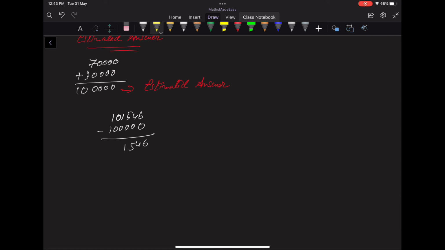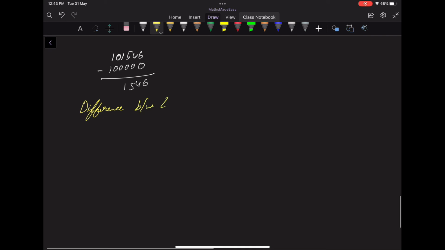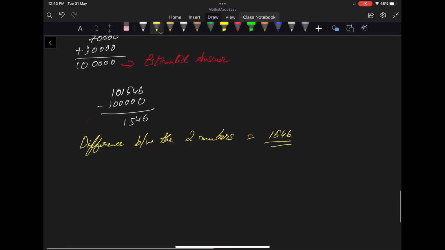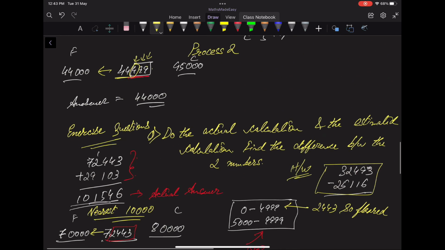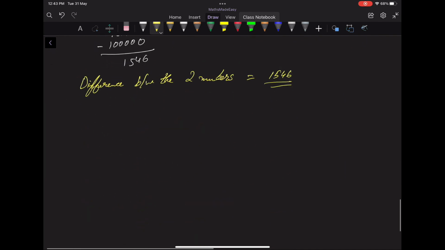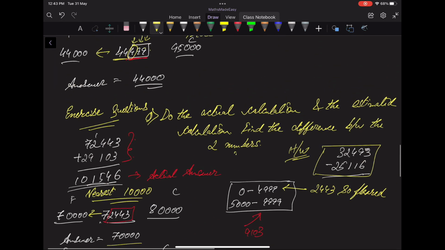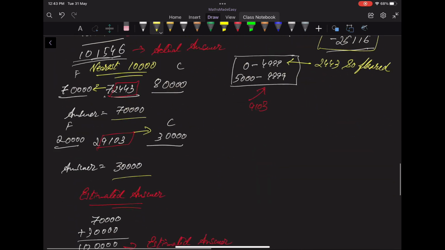So we get the difference between the two numbers is equal to 1546. So this is what the exact question says, and that's what we exactly did. Okay, so that is how we do approximation, estimation, and rounding off.